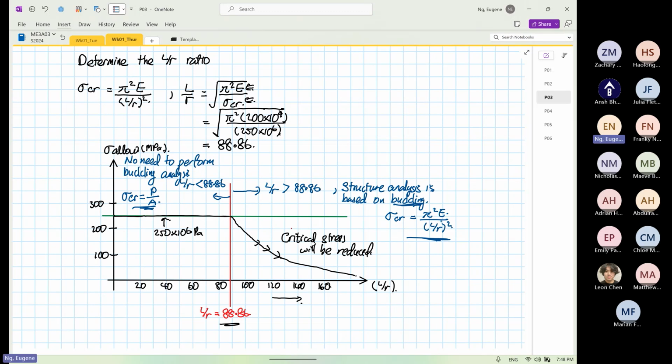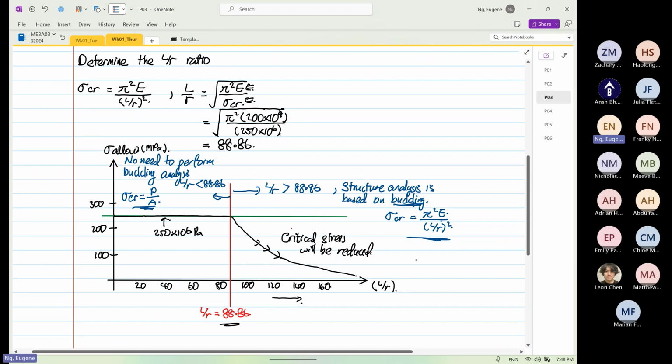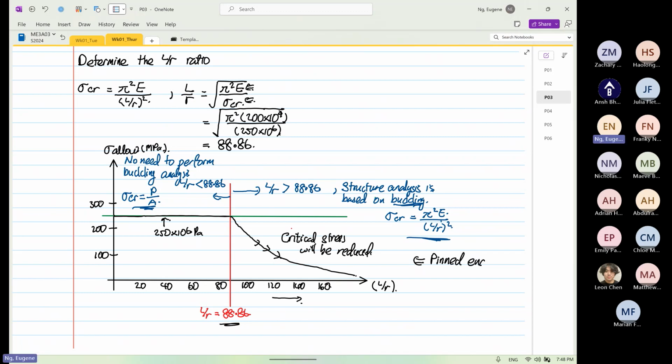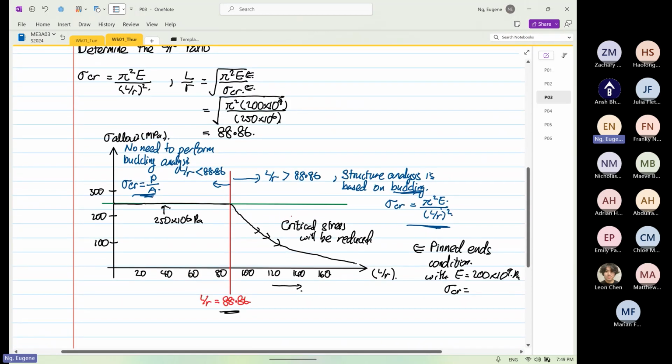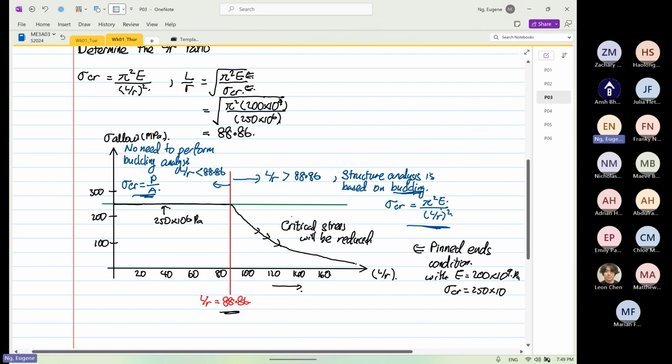So this chart over here that you can see is only valid for pin ends condition, with Young's modulus equal to 200 times 10 to the power 9 Pascal, and critical stress equal to what? 250 times 10 to the power 6 Pascal.